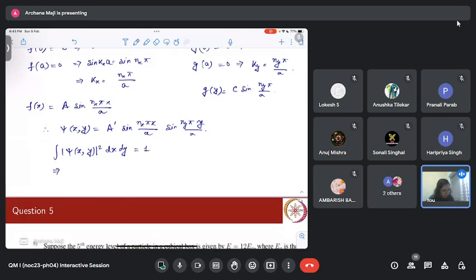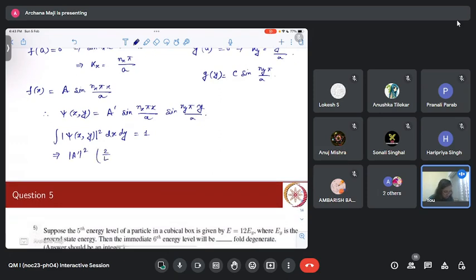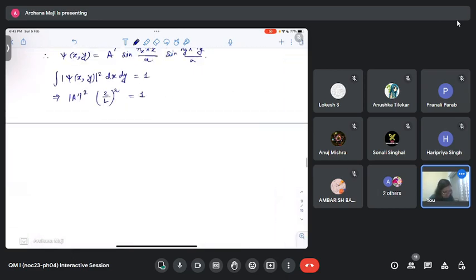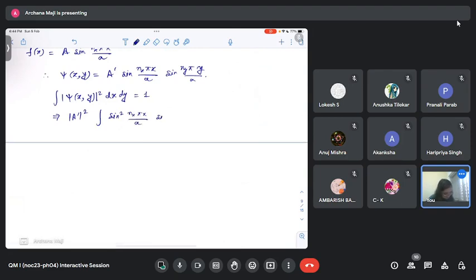And since there are two sines, you will get two factors of 2 over L. Before, when we were solving the one dimensional box, it was just 2 over L, but now it will come 2 over L whole square when you do the integration. Sine square ny pi y over L dy.